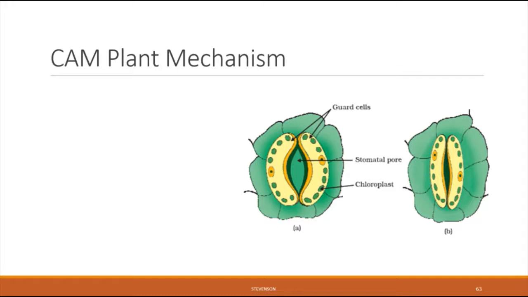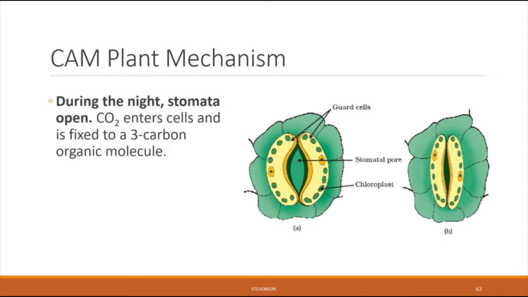Because it's so hot in the CAM plant environment, they open their stomata, the pores in their leaves, only at night. During the night is when they collect the CO2, which enters their cells and is fixed to a 3-carbon organic molecule.